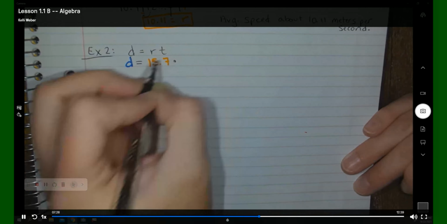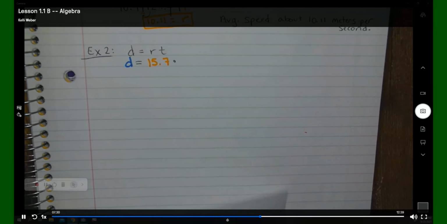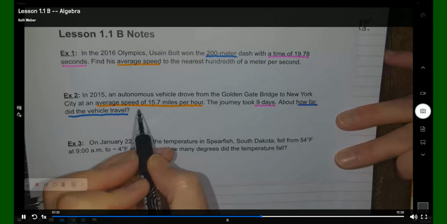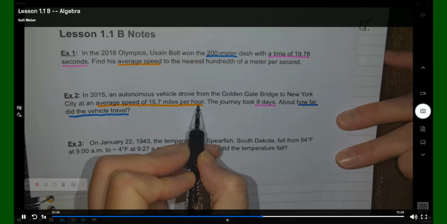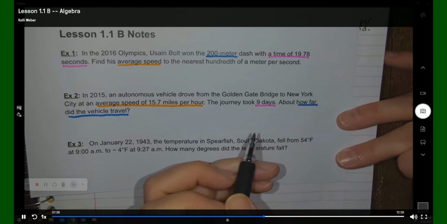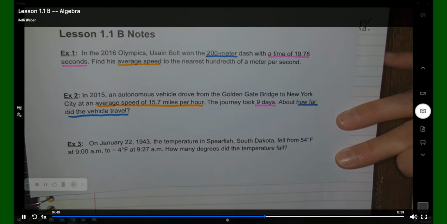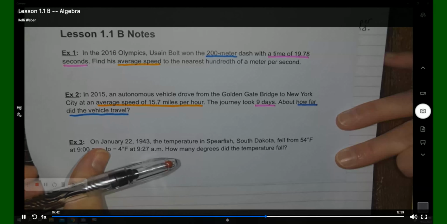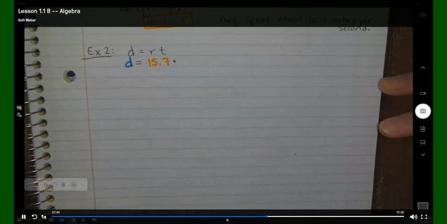Times the time. Now what I want you to look at is our rate is talking about miles per hour. The time we're given is in days. So we need to think about, if it's 9 days, how many hours would that become?